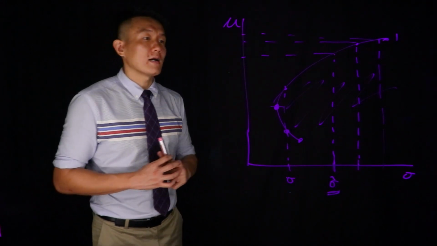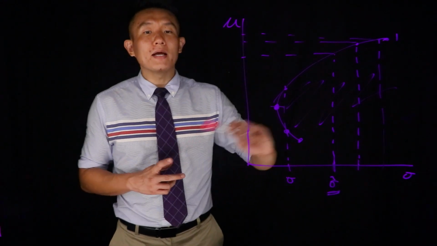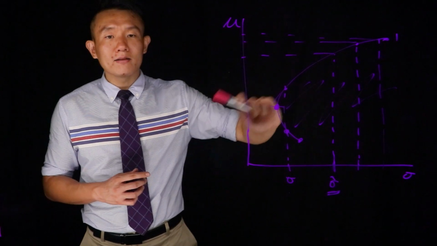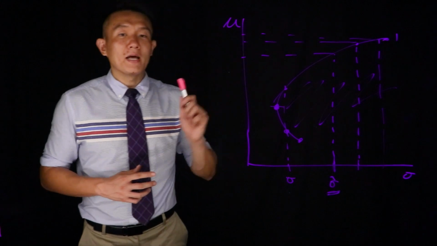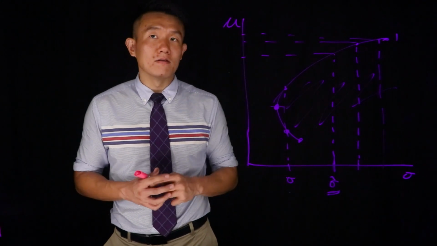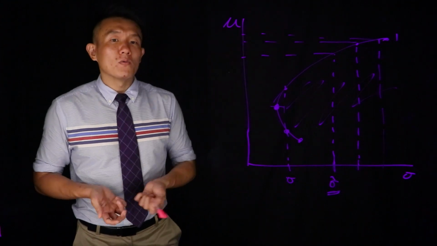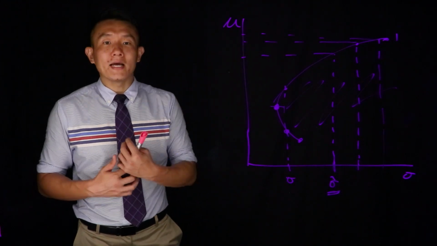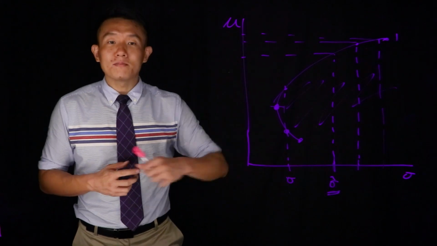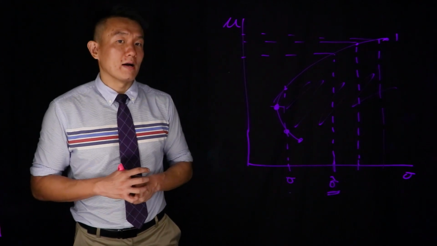Just by imposing that condition, I've eliminated from consideration any portfolio that's not on the efficient frontier, right? Any portfolio that doesn't maximize my return for a given level of risk, well, I wouldn't want to invest in that, right? Because either I'm taking less of a return than I could otherwise get, or I'm taking on more risk than I otherwise would have to. And I don't want to do either of those.